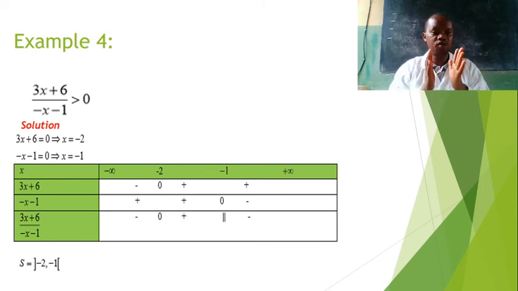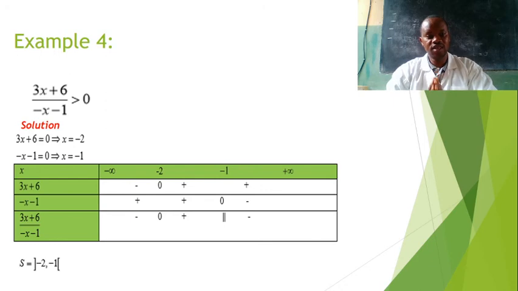First of all, we find the value which is making the numerator equal to 0 and the value which is making the denominator equal to 0. They are found: for the numerator x is equal to minus 2, and for the denominator x is equal to minus 1. We put them in the table as we did previously.